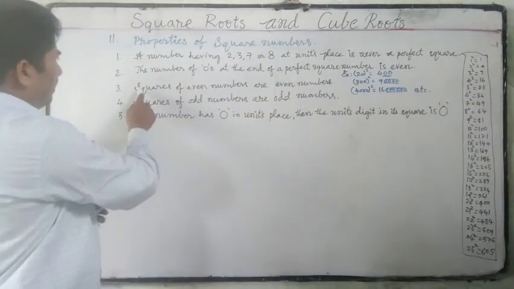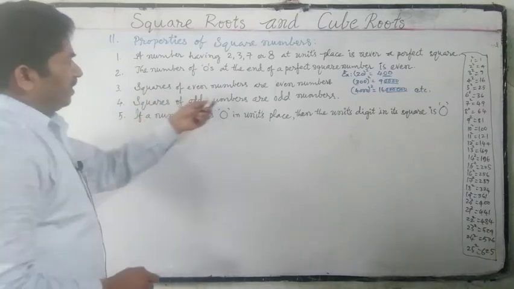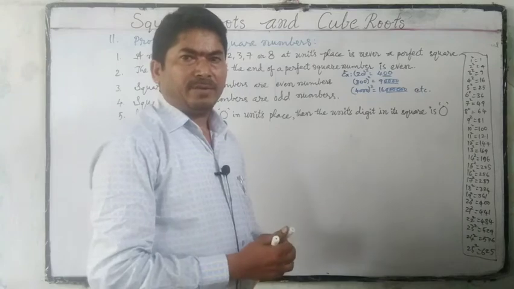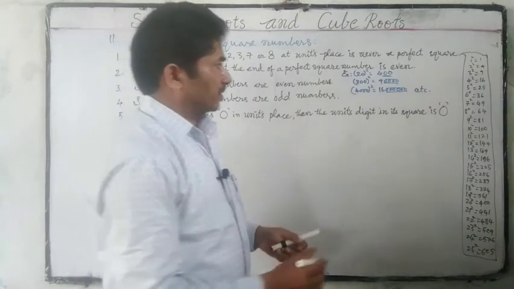Next, squares of even numbers are even numbers. Squares of even numbers are always even numbers.